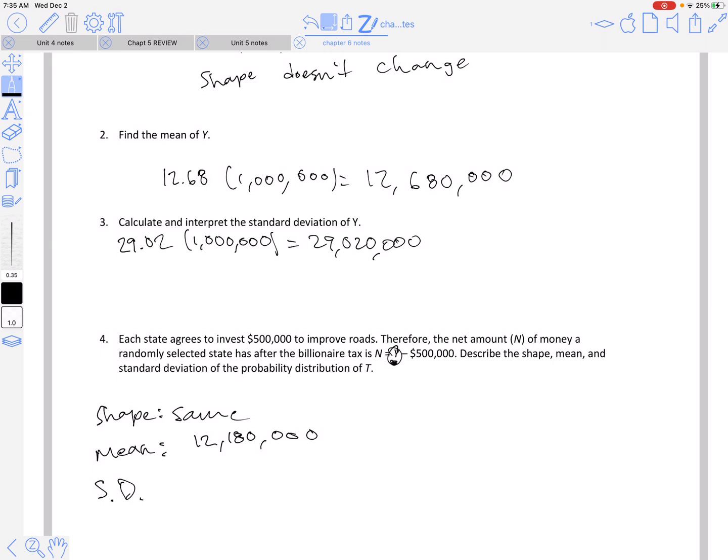Standard deviation does not get affected by subtraction, so it's going to stay the same, 29 million. So when we create this new random variable distribution, it'll look very similar, but it'll still be expanded because we still have that multiplication. But it'll also be shifted.